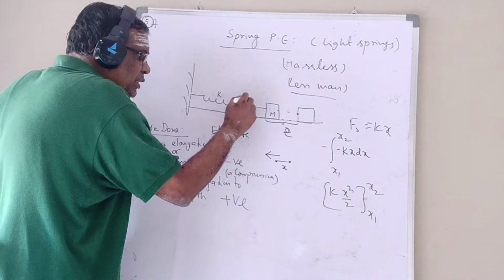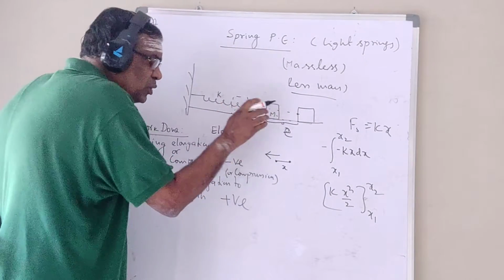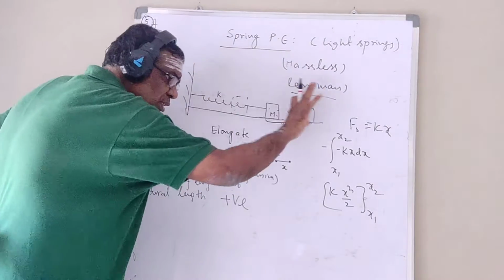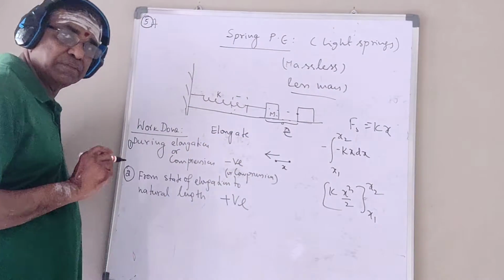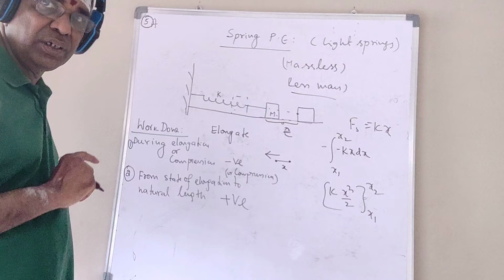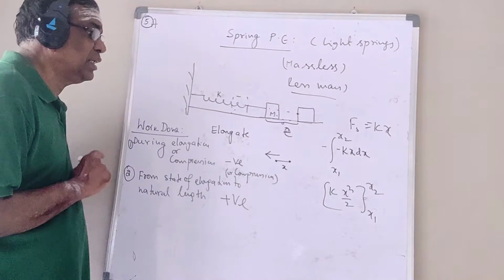Similarly, this is compression. From compression to natural length, this is the force, this is the displacement, therefore positive. Now this is very, very crucial. You have to understand this.